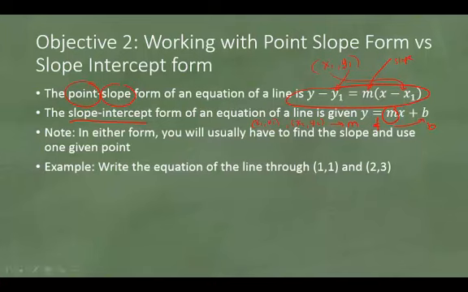In the slope-intercept form, this m is the slope, and this b tells you what the y-intercept is. The y-intercept is always going to be 0, comma, b, just like we found before. The y-intercept, remember, is where the graph of the line crosses the y-axis. And we'll look at some examples here in a bit.